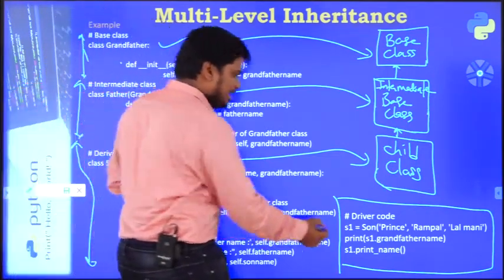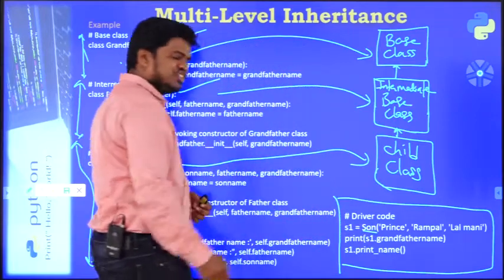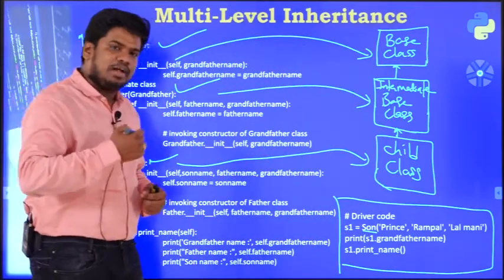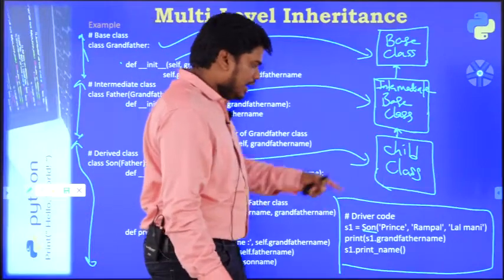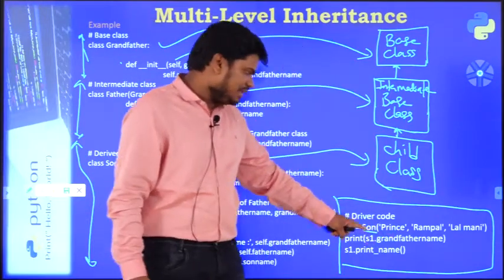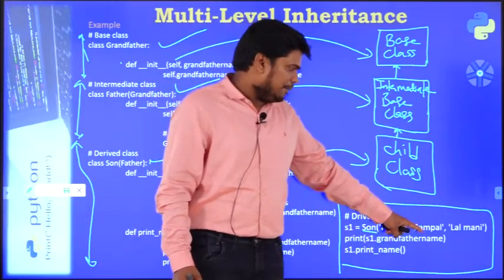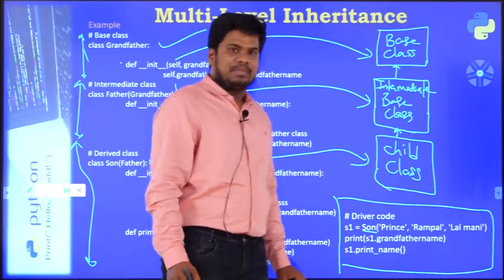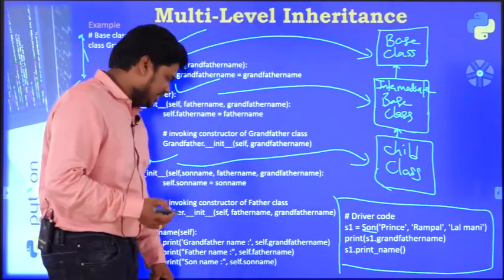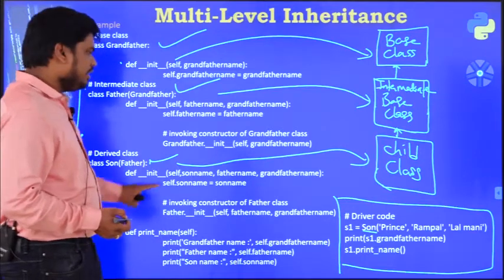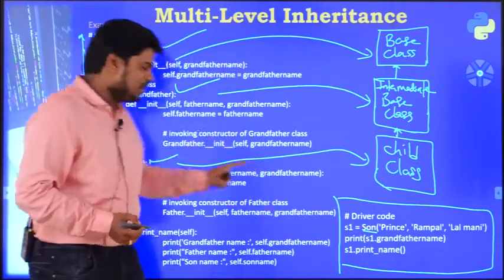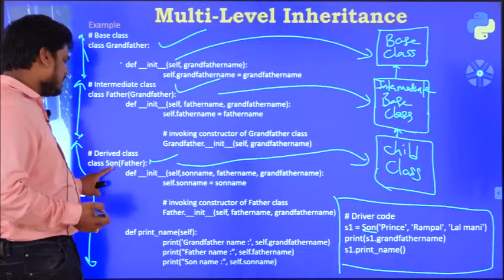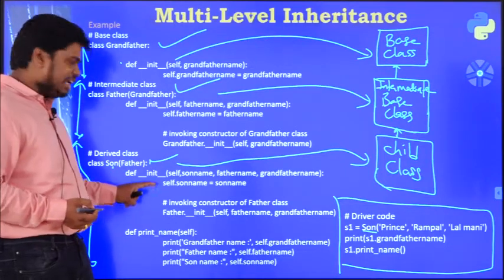So observe carefully. Here I have created the object son, and inside this I am passing three arguments. The first argument is Prince, the second is Rampal, and the next one is Lalmani. These three arguments I am passing. Observe carefully. The moment I created the object, the constructor inside the class son will be invoked.